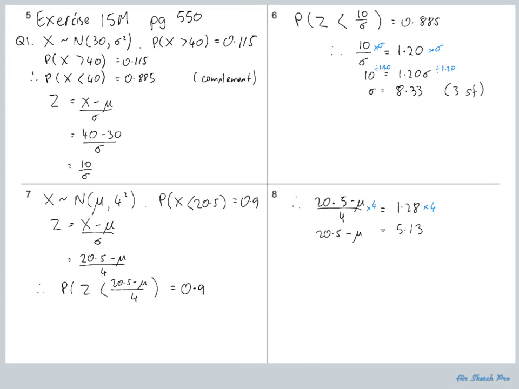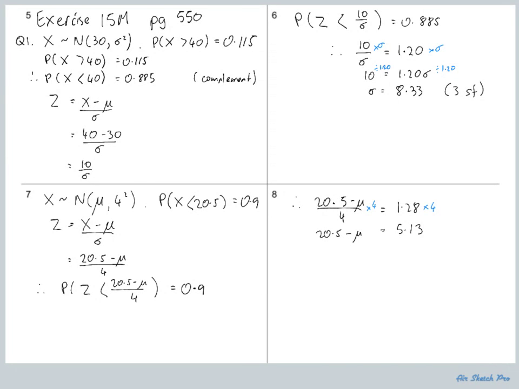And then I'm going to subtract 20.5 and change the signs to make mu positive. Or if you like, I'm going to add mu to that side and subtract 5.13 from that side.